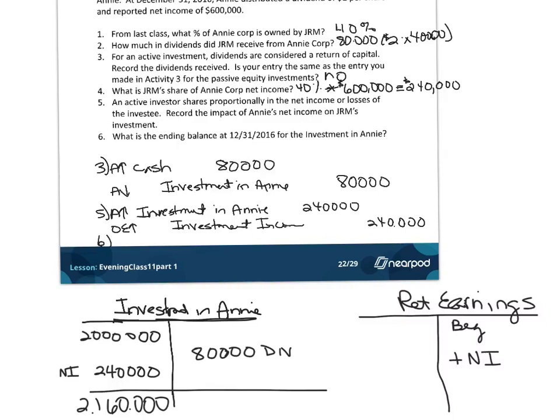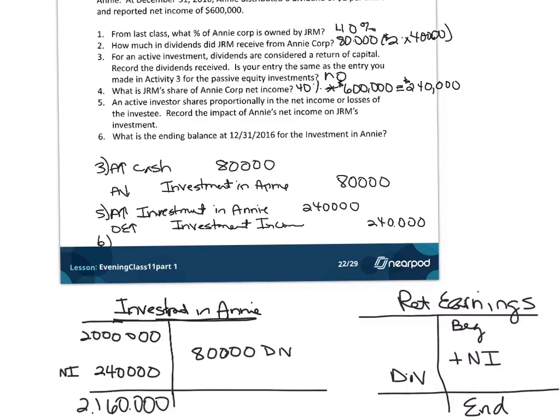If I said to you, what makes retained earnings smaller, you would say dividends, right? If you look at our investment in Annie, what makes it smaller? Dividends. So my point here is for you to recognize that with the equity method, we basically are keeping track of our share of this company that we have significant influence over, our share of retained earnings.